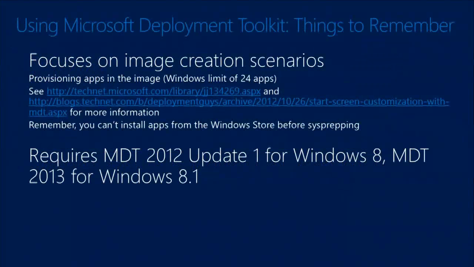So in the case of MDT, again, we're talking about provisioning. And provisioning is the per machine operation, not the per user operation. There are limits around provisioning, though. You can only provision up to 24 apps in the image. Why 24? No idea. It's just the number that's in place.